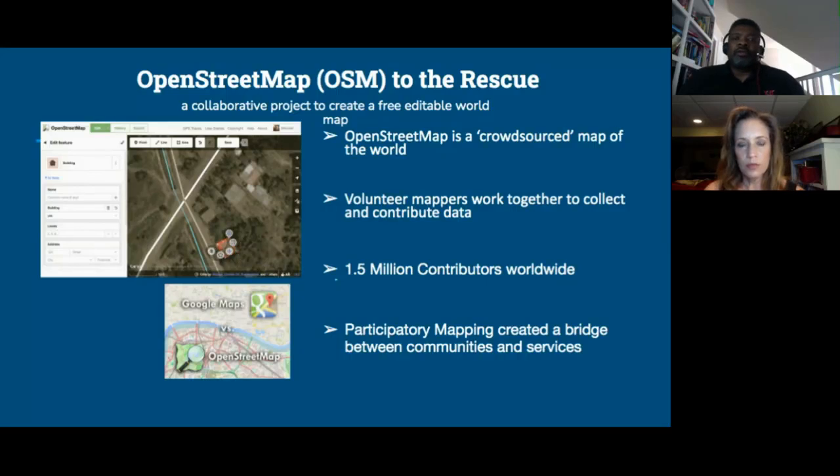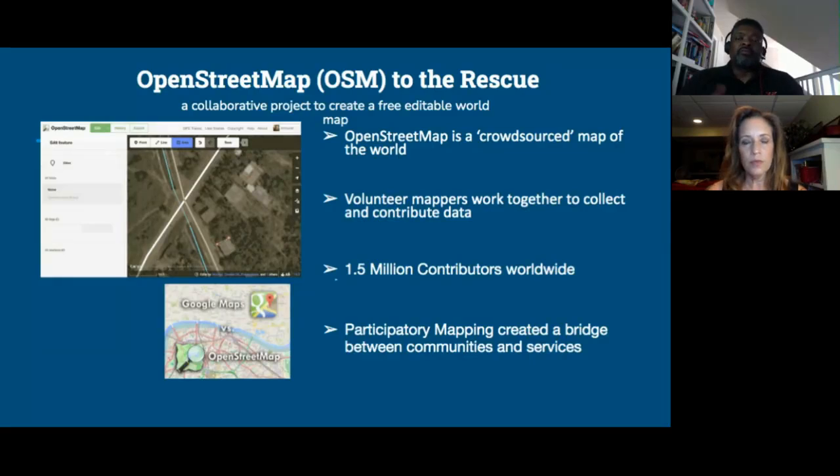You had 1.5 million people contributing to OpenStreetMap worldwide, but in this particular instance, hundreds of thousands of people came together. OpenStreetMap is a crowdsourced map of the world. Anybody can jump on it, anybody can volunteer their time and add and edit the map, so to speak.